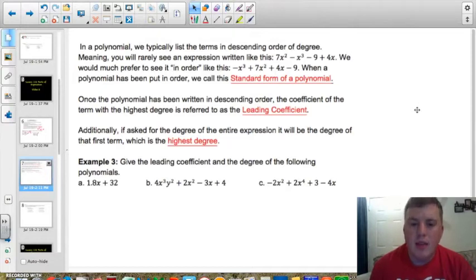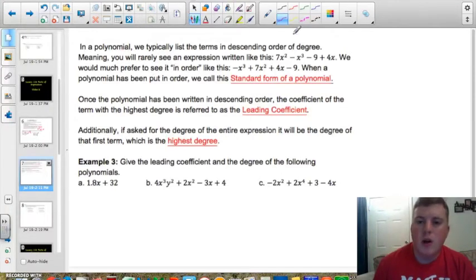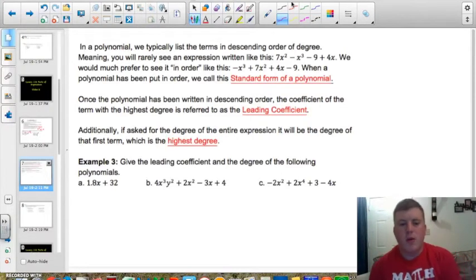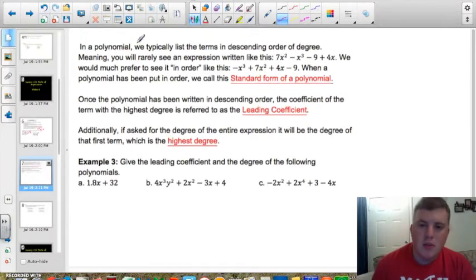So we want to give the coefficient, the leading coefficient, and the degree of the following polynomials in example number 3. So first, we always want to make sure that it's written in standard form. So if we're looking at problem A, we only have 2 terms, so it should be easy to tell whether they're in order or not. We have an exponent here with an invisible 1 and no exponents at all, so that means that one's degree is 0. So our leading coefficient is going to be the one with the highest exponent.